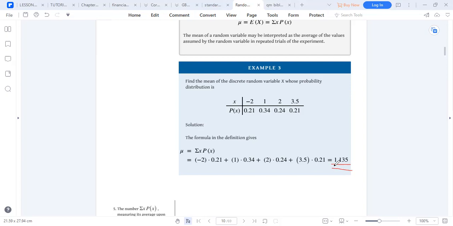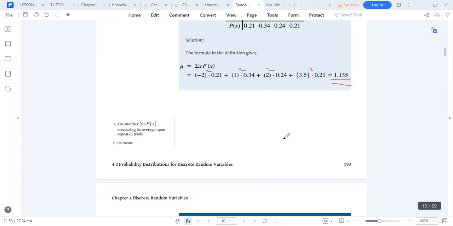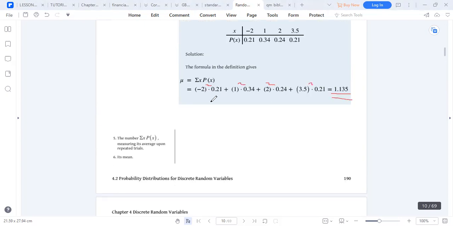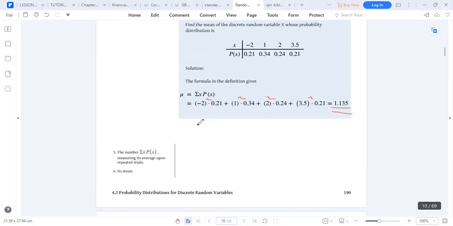Okay, so how do we find our variance? We square each of these x's, and from the answer we subtract the mean. So to find our variance, we need to square each of these ones. My table is very simplified.